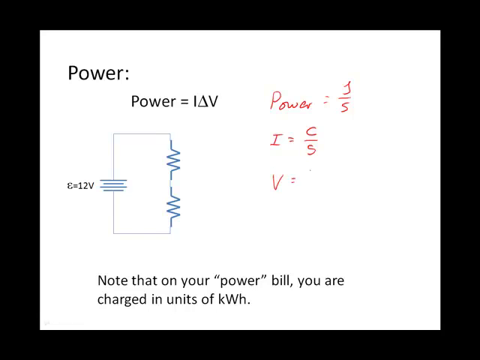A voltage is a joule per coulomb. So notice that when we take the current and multiply it by the voltage, we end up getting joules per second. Power in a circuit is the current times the voltage.